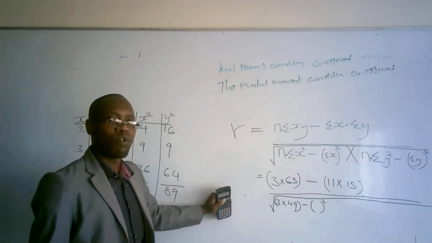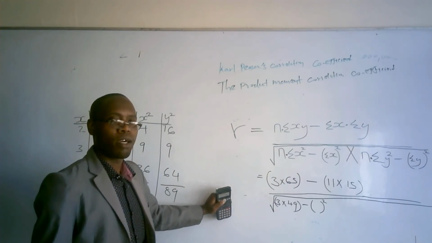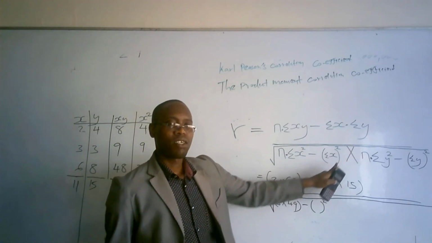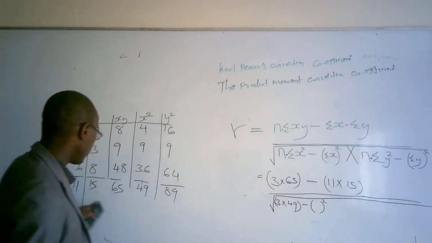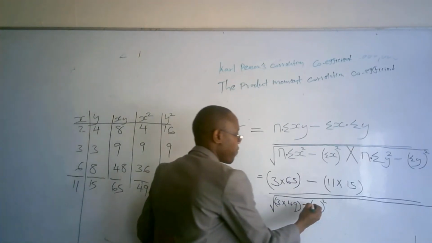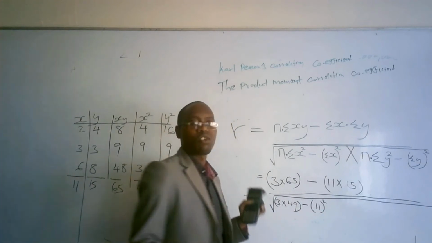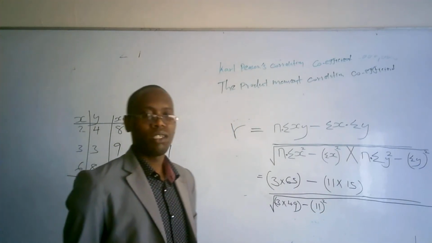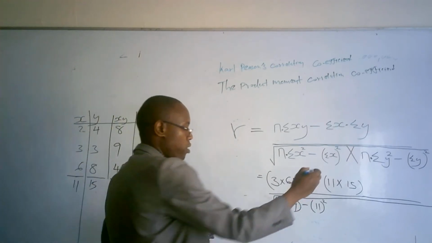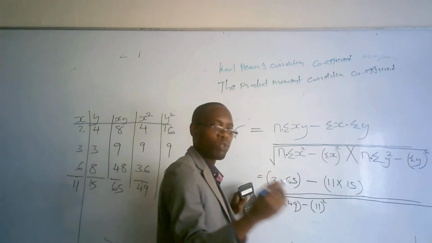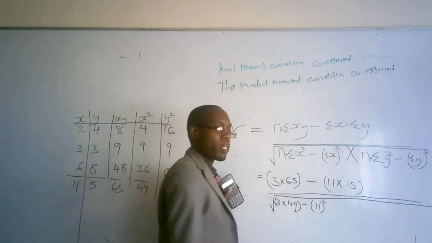And what should be inside that bracket is summation x. And summation x in this case is actually 11. So you put that 11 there. By doing that, I believe you cannot easily get confused. So you put the bracket, and the square should be outside the bracket.